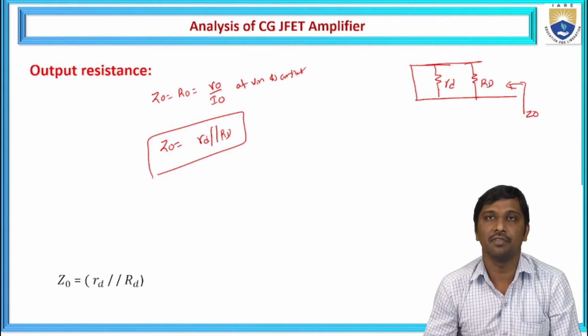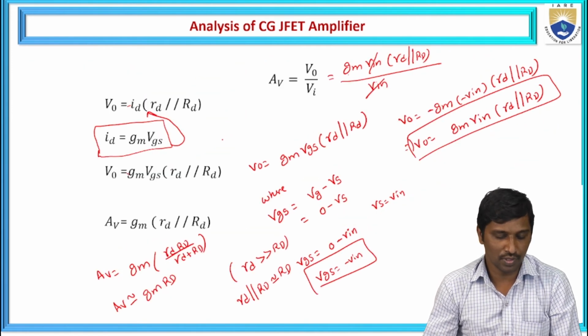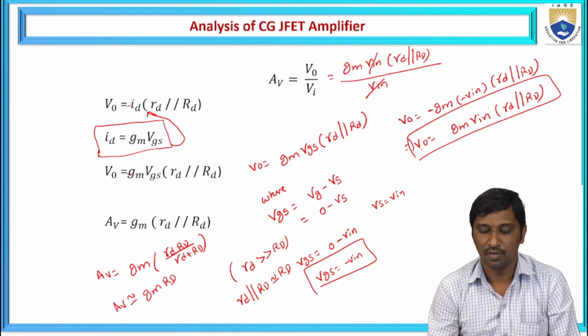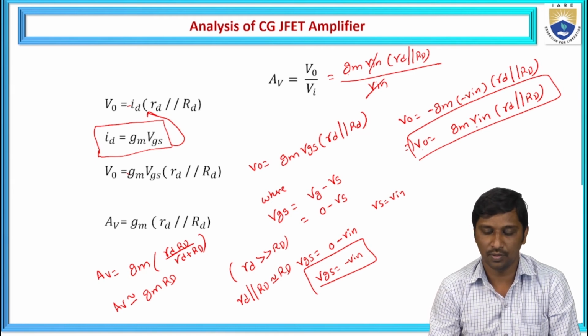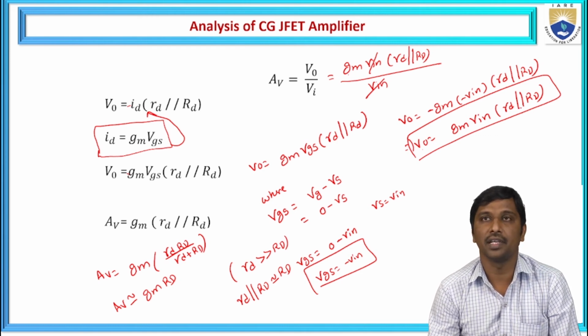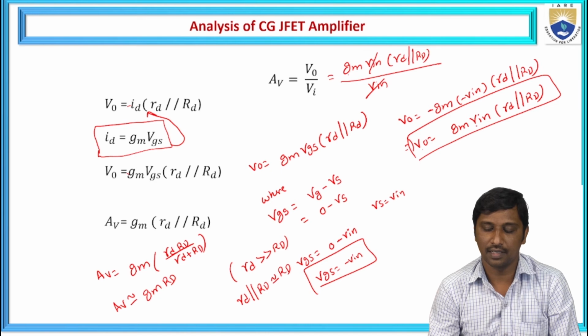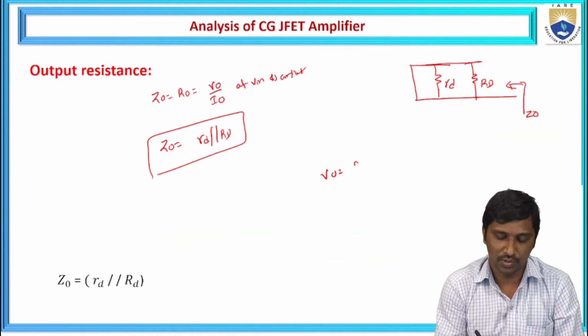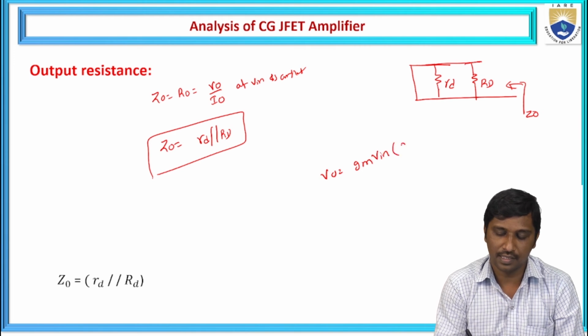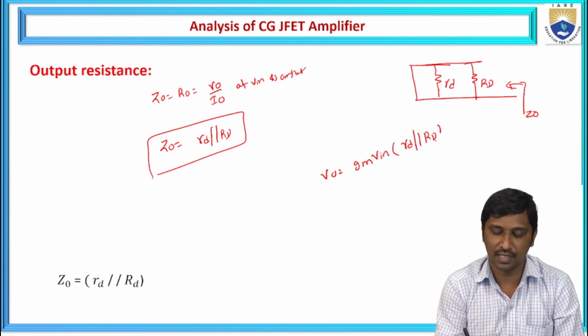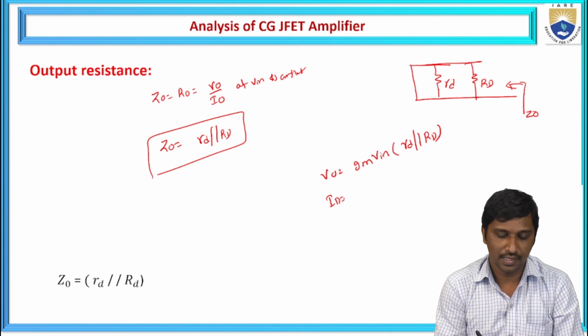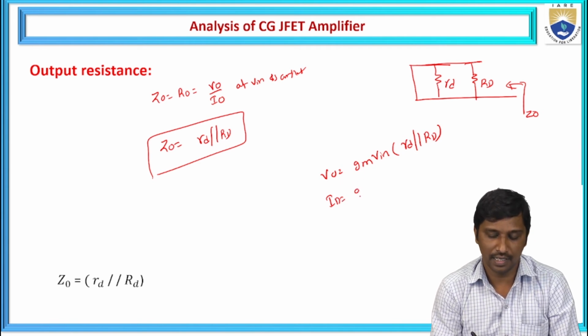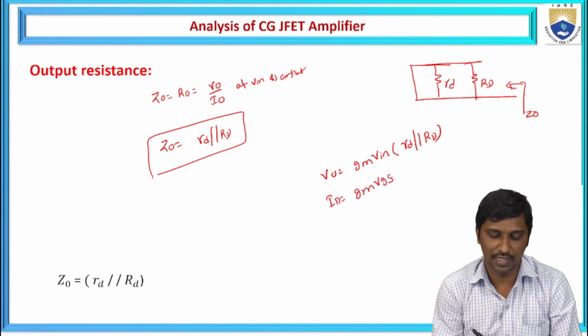Otherwise, you can substitute V0 and ID. We observed V0 is equal to gm times Vin times small rd in parallel with capital RD. And ID, that is I0, is equal to gm times VGS.